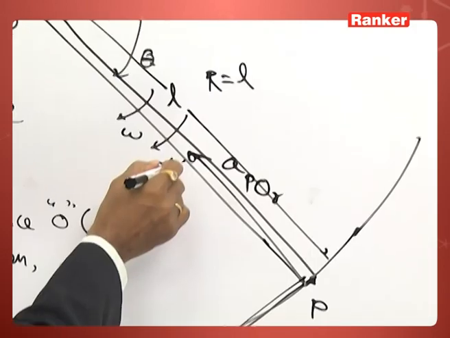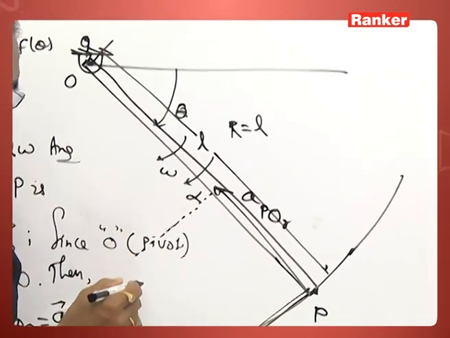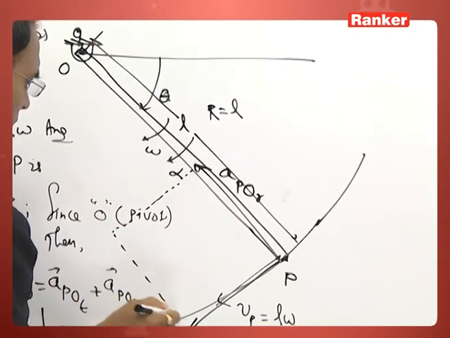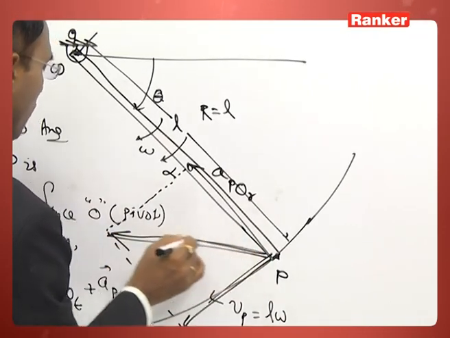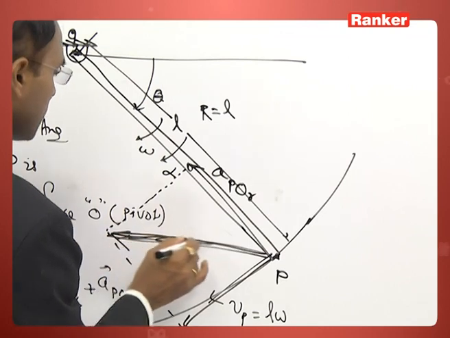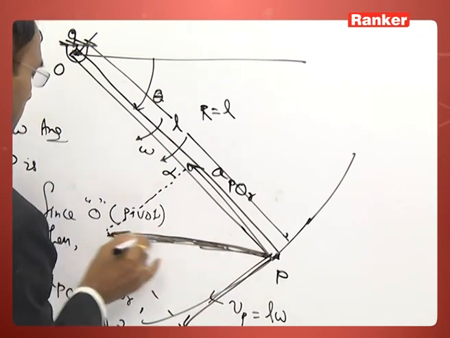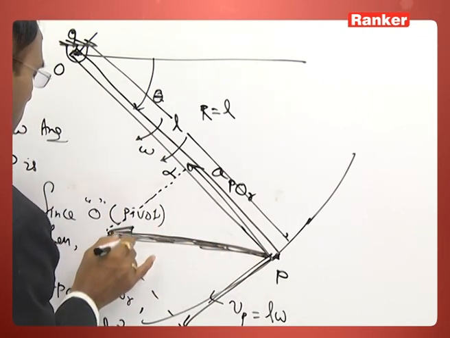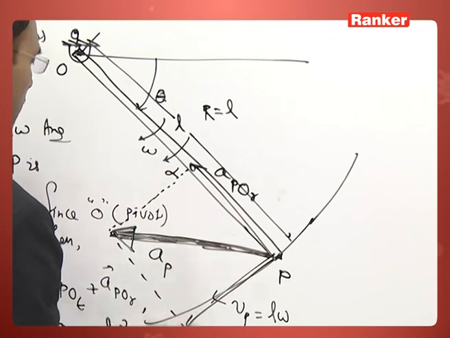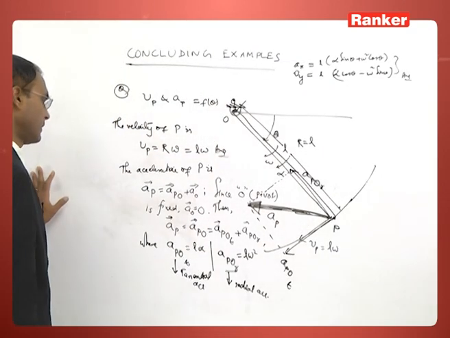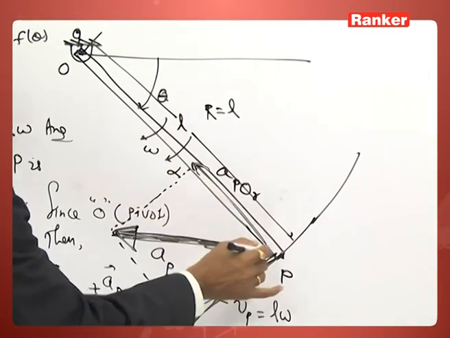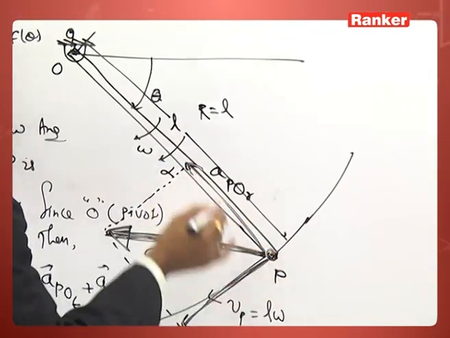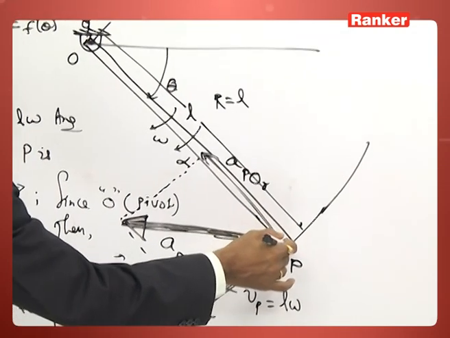The net acceleration of this particle can be found by adding these two accelerations. So, this is the net acceleration of the point P. You add the tangential acceleration with radial acceleration, you are getting the net acceleration of this point P. The end of this rod will accelerate in this direction.